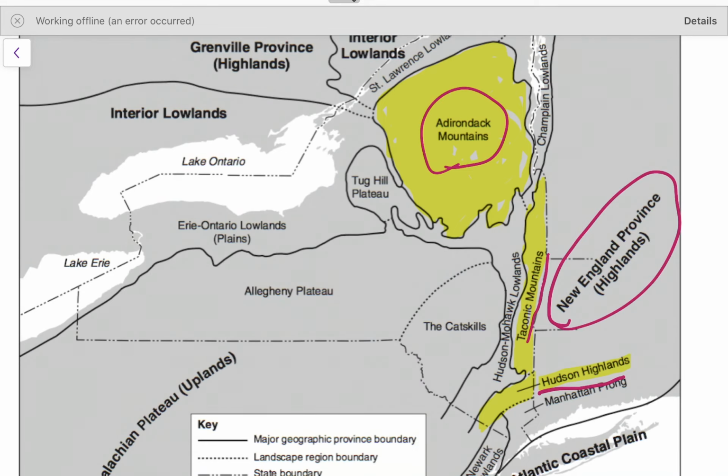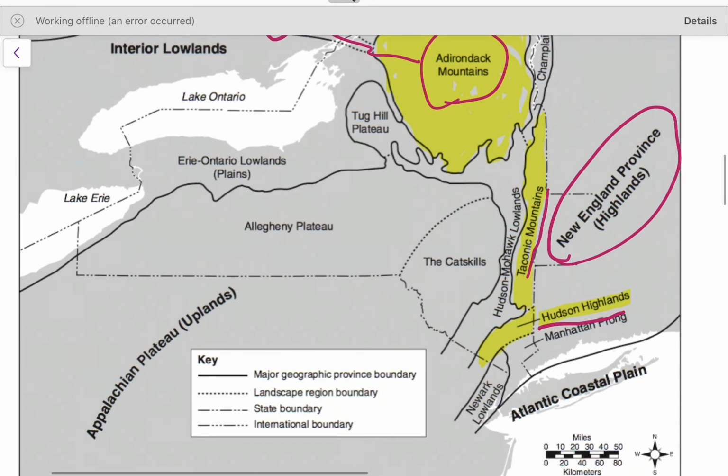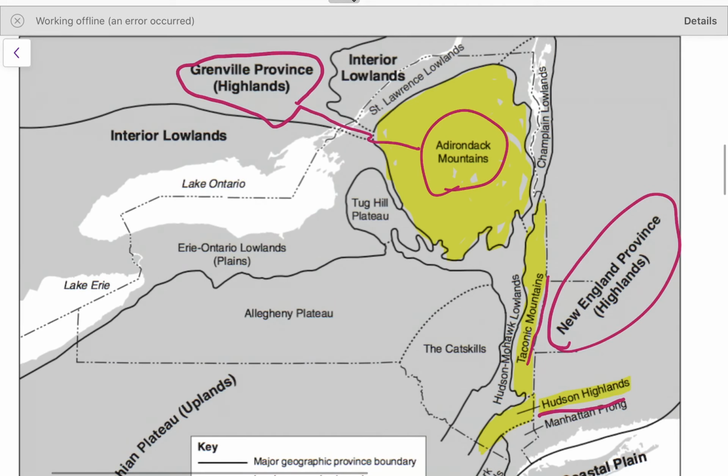If we follow the Adirondack out here, we can see there is a bigger title for the major province boundary. The Adirondacks are part of the Grenville province, up at the top there. So those are our mountains.